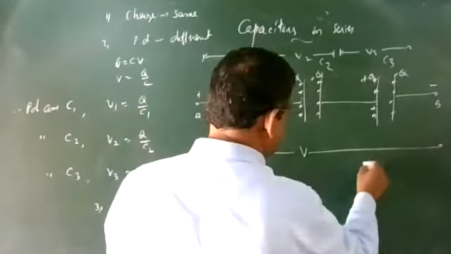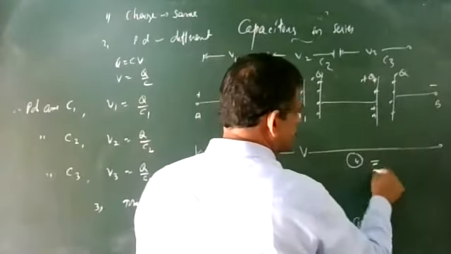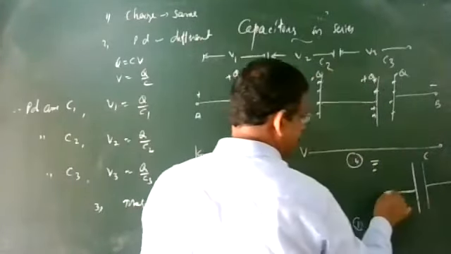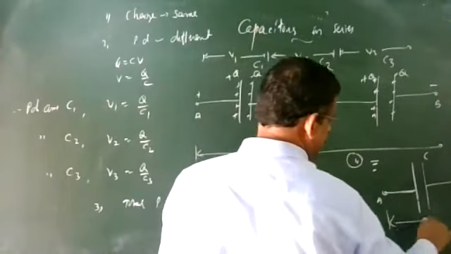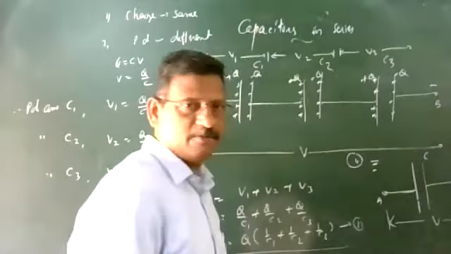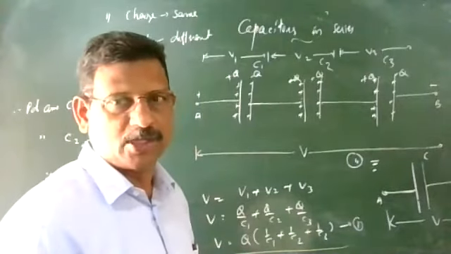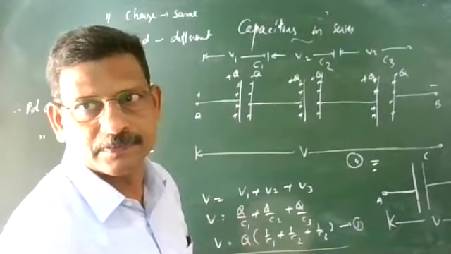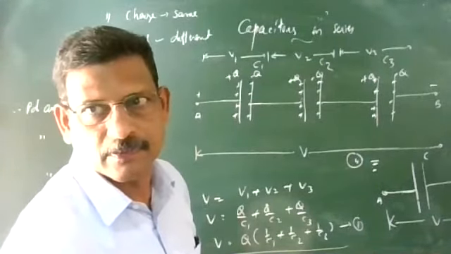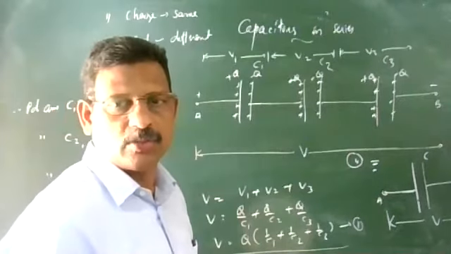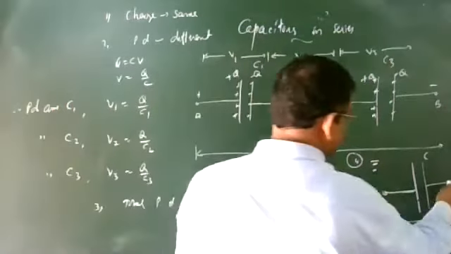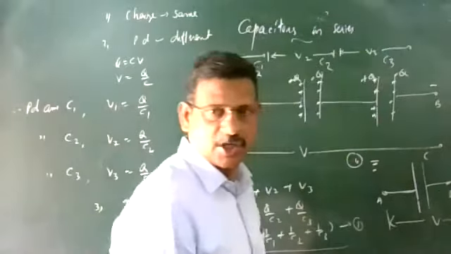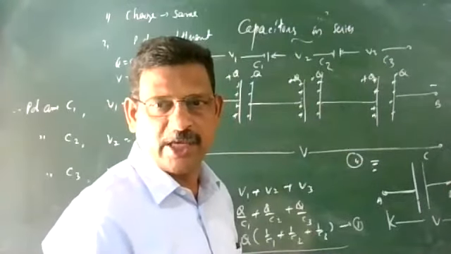Next, point number 4: they are replaced by a single capacitor of capacitance C when connected between the points A and B under the potential difference V. Between the same points A and B, under the same potential difference, then C is known as the equivalent capacitor.